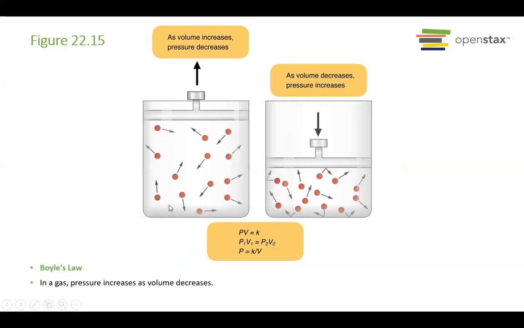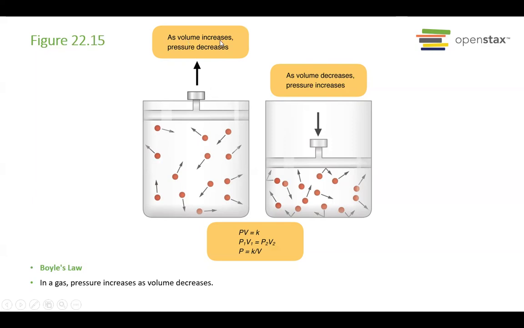So that shows you Boyle's law. Boyle's law says if you keep the temperature the same, the relationship between volume and pressure will be inverse: volume will increase and the pressure decreases. So this is showing you the two circumstances. But the law is, if the temperature is constant, the relationship will be inverse.